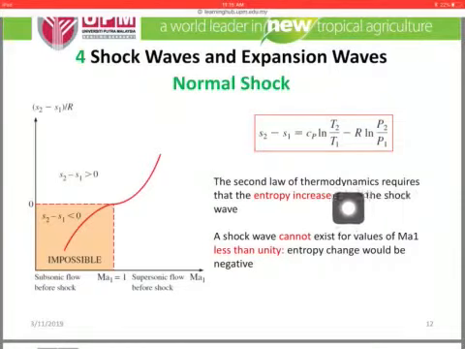According to this law, this is not possible. Therefore, the only possible thing to happen is the entropy will increase after the shock wave. We need to bear that in mind, that the entropy will always increase after a shock wave.